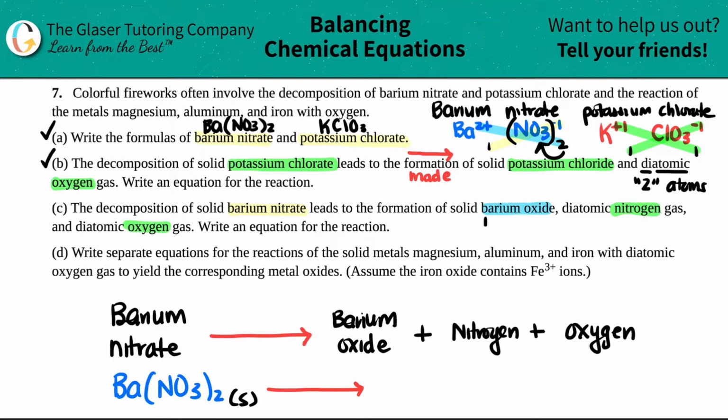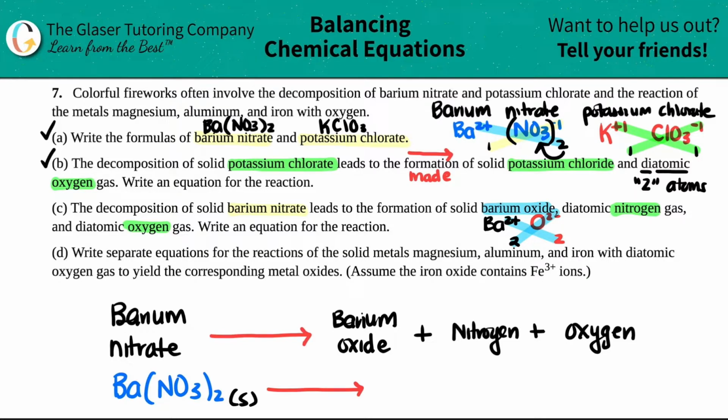Barium, just like we did before, barium was a 2+, and oxygen is a 2-, right? So when you crisscross these, it looks like I need 2 oxygens and I need 2 bariums.